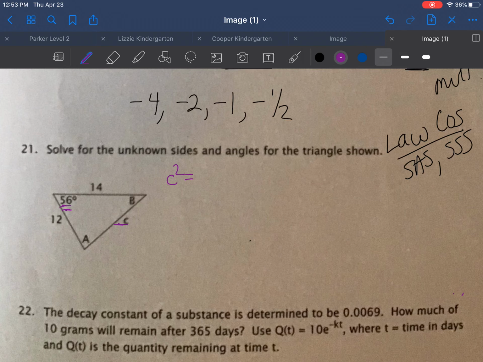So it gave me the angle of 56, so I'm going to start by finding the side across from it. 14 over here is A, and then 12 is B because we go opposite of the side that we're on. So C squared is equal to 14 squared plus 12 squared minus 2 times 14 times 12 cosine of 56.